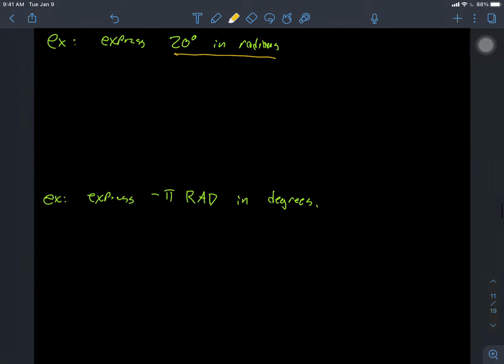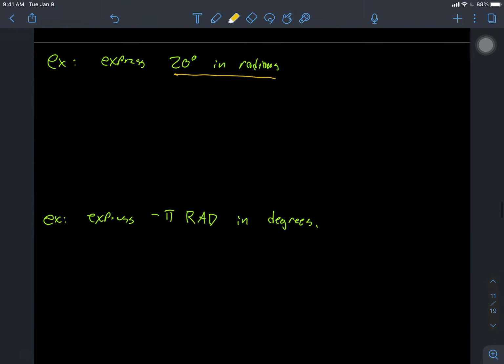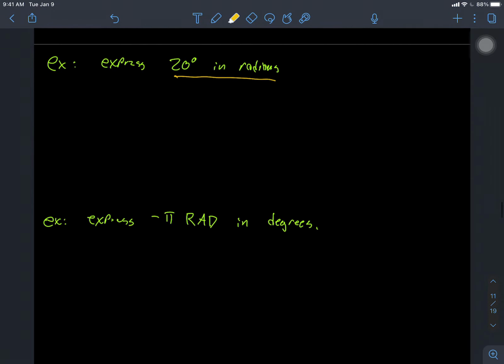So now let's talk about how we are going to express a certain measurement of an angle, which is given to us in one form, and we want to convert it into the other form. This is like back in grade school or middle school, when you had a math problem that said, if you have 20 meters, how long is that in feet?